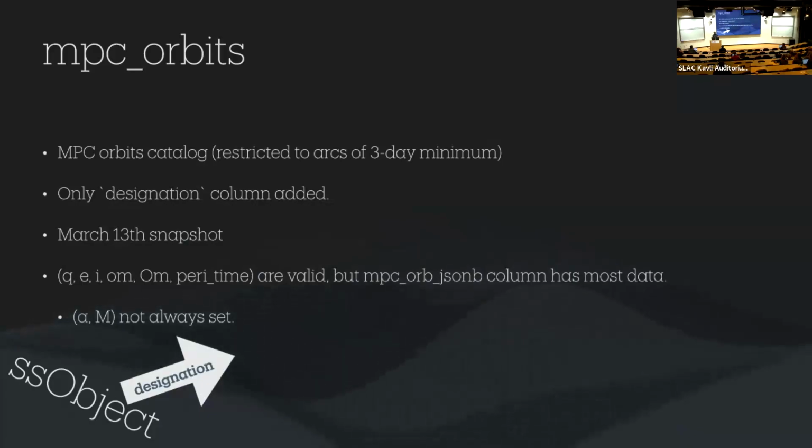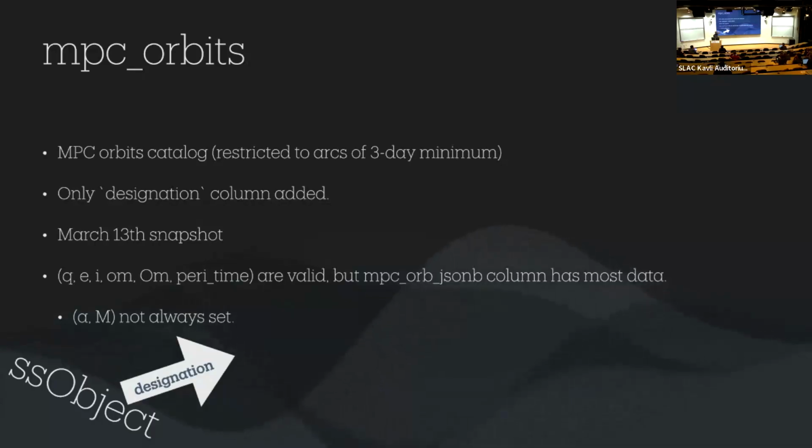The Minor Planet Center table is mostly kept in one giant column called MPC orbits JSONB, which is a JSON blob. It is a bit difficult to interact with, but I recommend getting cometary elements, q, e, i, omega, and pericenter time, directly out of this table. You can try to dig into the JSON blob, but it is a big blob.